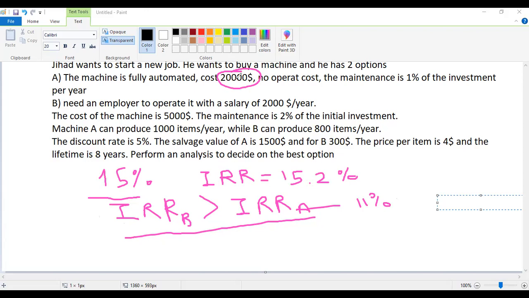So now let us calculate the net present value for both options. To calculate the net present value for both options, we need the value of the discount rate. In this problem, they gave us.